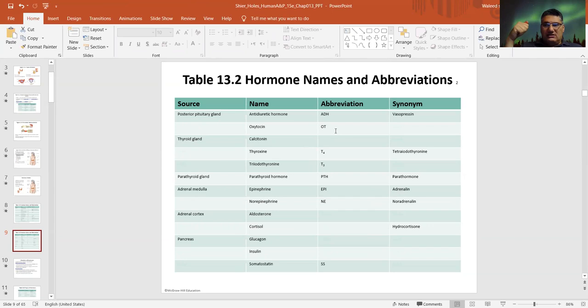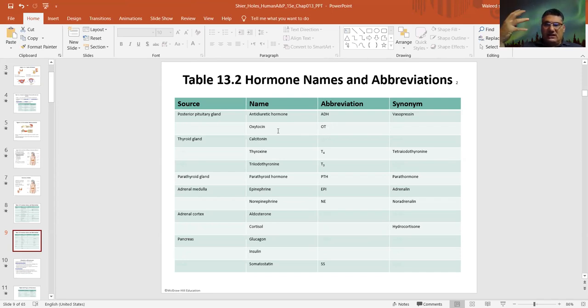Remember, I told you that the hypothalamus, even though it is the president, is going to make two hormones. These two hormones are called ADH, or antidiuretic hormone, and oxytocin. Even though the hypothalamus makes them, it's going to store them in the posterior pituitary. So there is a huge difference between the anterior pituitary and the posterior pituitary.